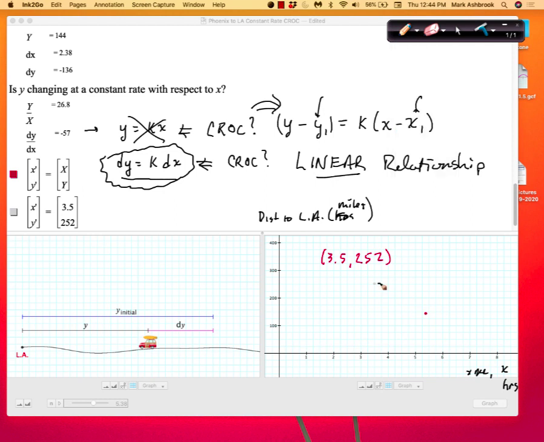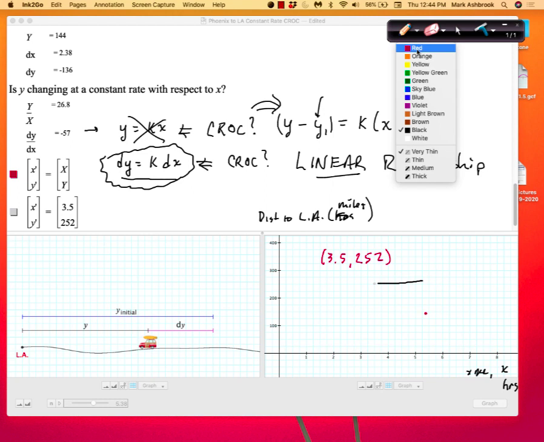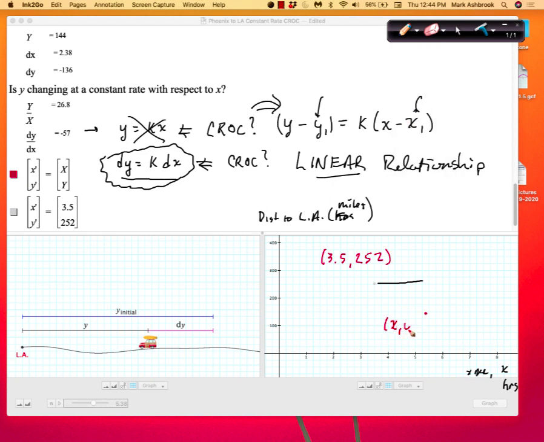How do I show the change in time? This is any x, y. It's not necessarily the one that's being shown, it's just any value of x, y. So I'm going to show the change in time starting at 3.5 hours to any other time.